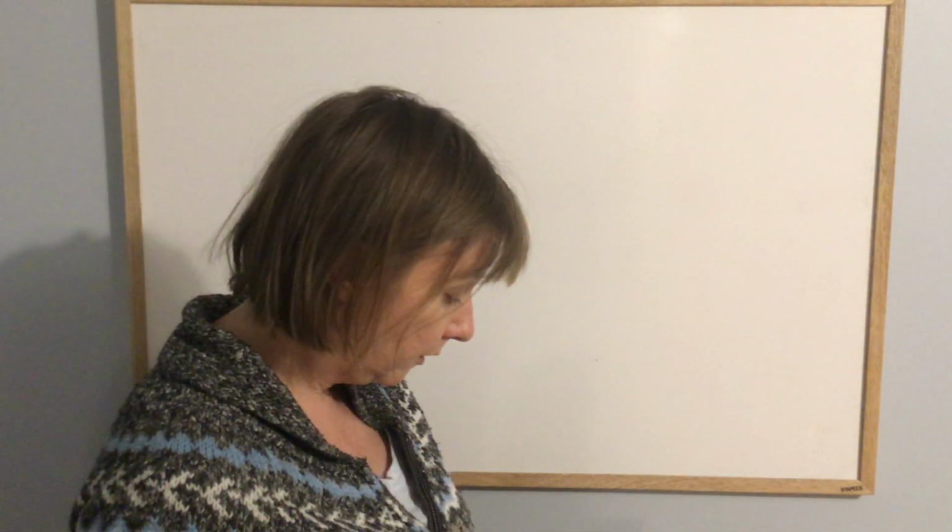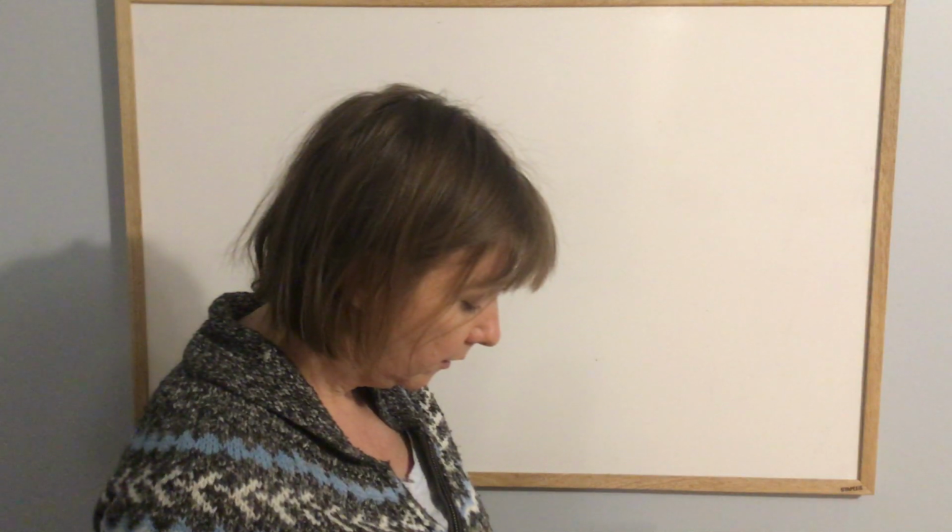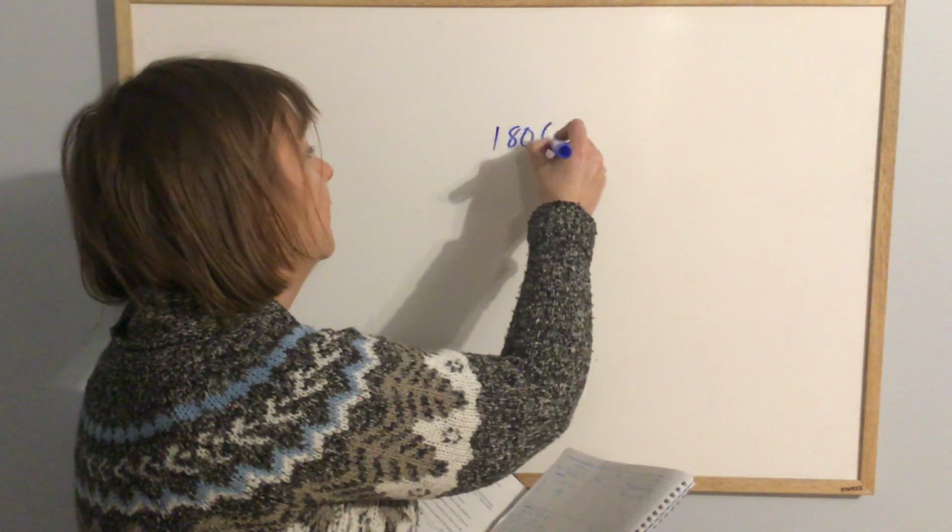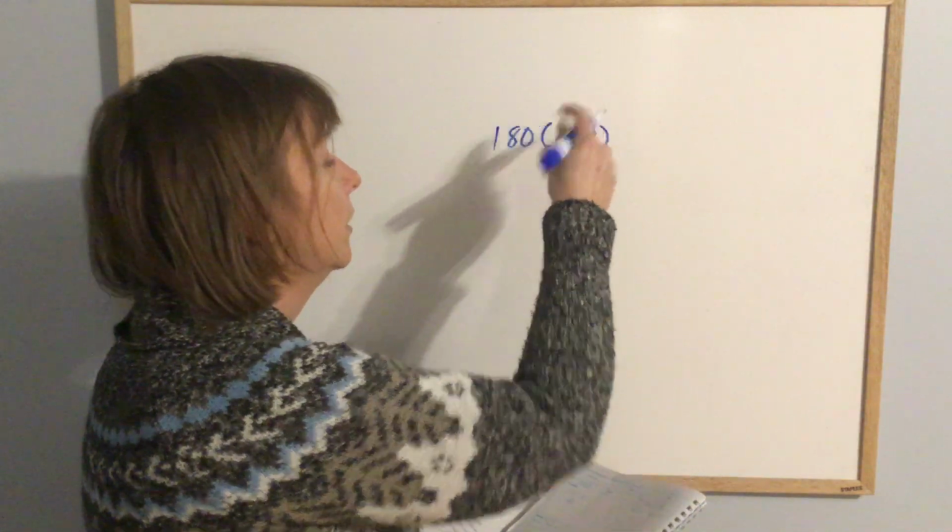Some of them say, given the number of sides in a polygon, so like number 5 says 11, so you have an 11-sided polygon, so you would do 180 times (11 minus 2).